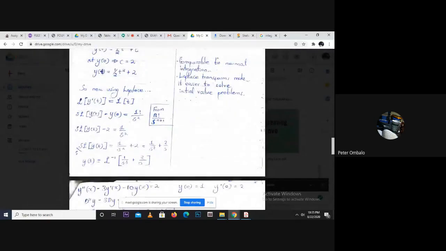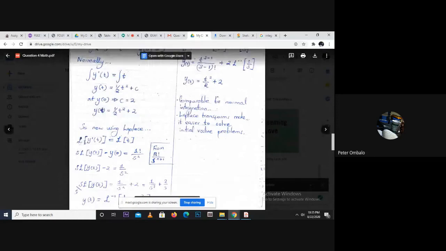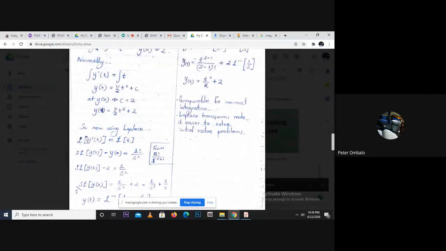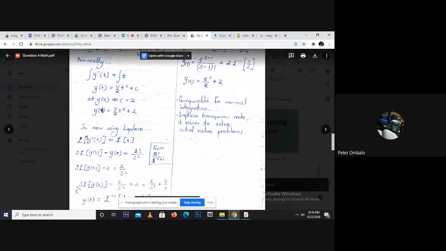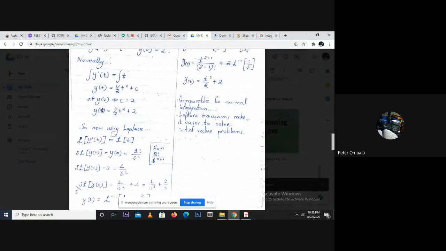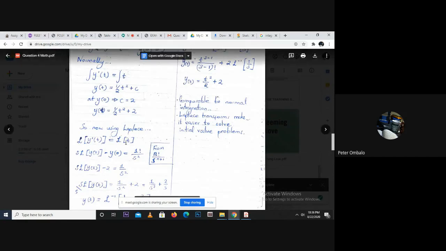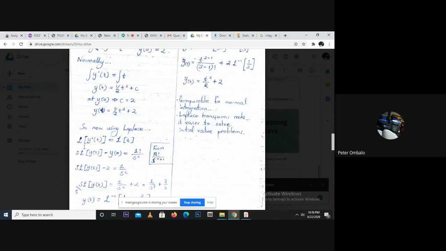Right, so if we take the Laplace transform of both sides of the same function, we have y prime of t. Taking its Laplace transform is the same as taking the Laplace transform of the right side of the equation, so it's the Laplace transform of t. We already know how to express the Laplace transform of the first derivative of any function. This is the formula we derived, right?